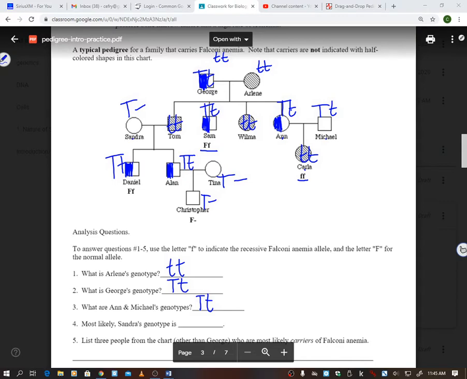Okay, so if I had to pick between capital T capital T or capital T lowercase t, which one do I think it's going to be? Right now, just based off of two children, which is not a great way to do this, I'm going to bet that she is two capitals. If she were a capital T lowercase t, look at this. If this were my Punnett square, there's Dad.